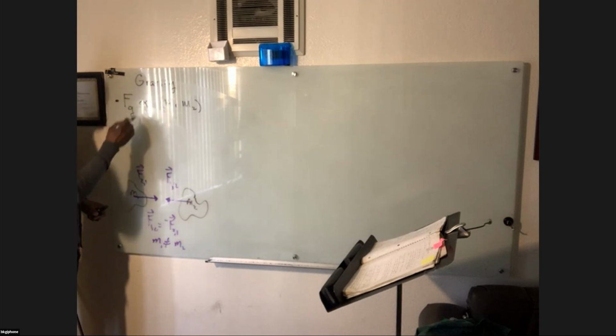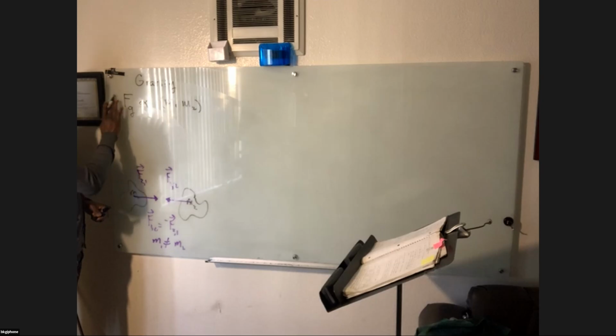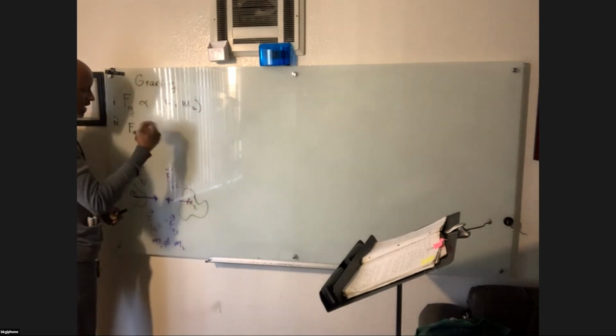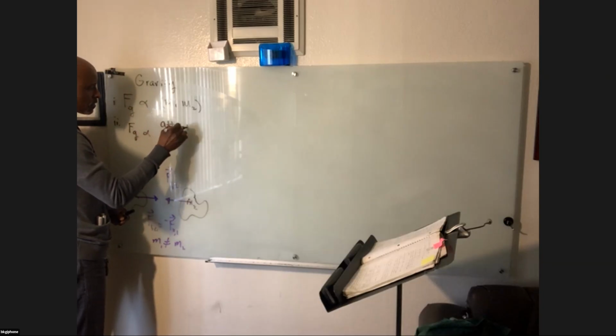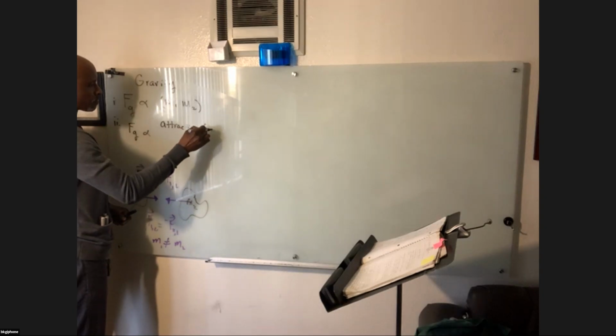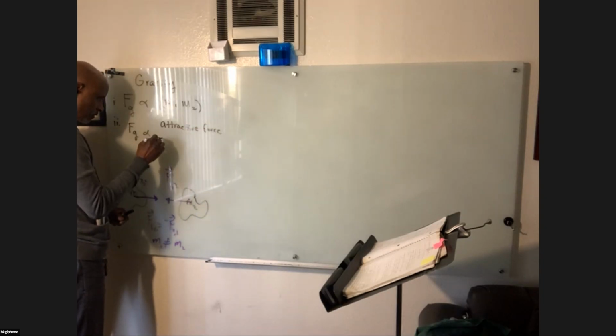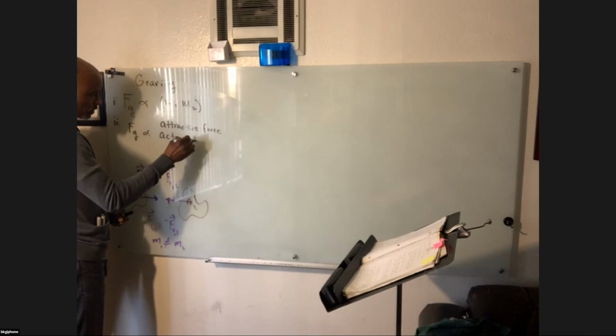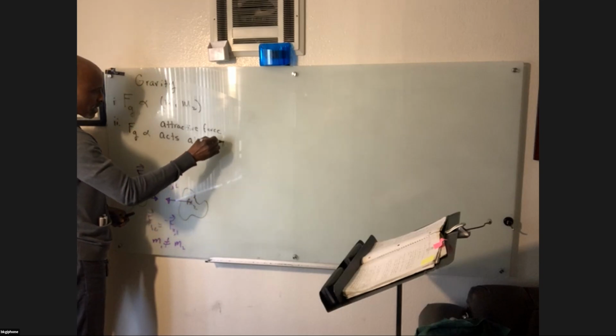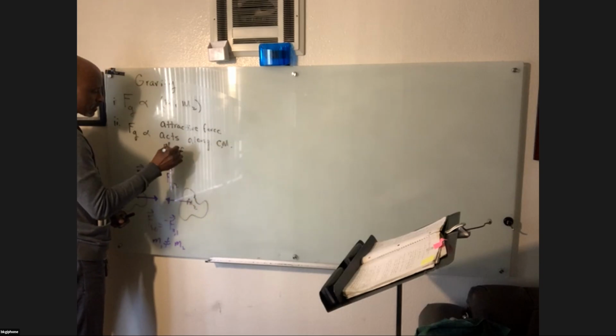So property 1, okay. And then another property is that it's an attractive force and it acts along the center of mass of each object. I mean, you can make this 1 or 2 properties. I'm going to combine them.